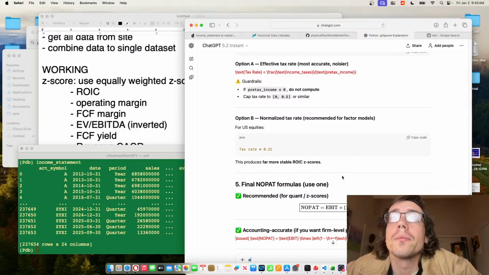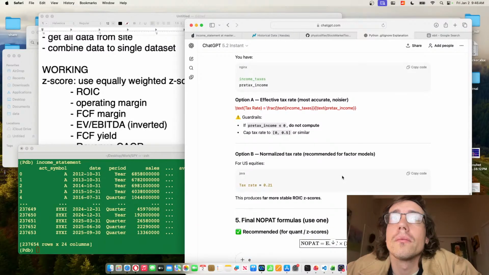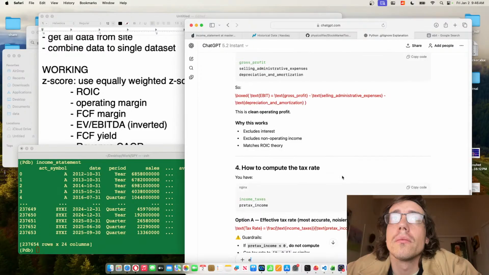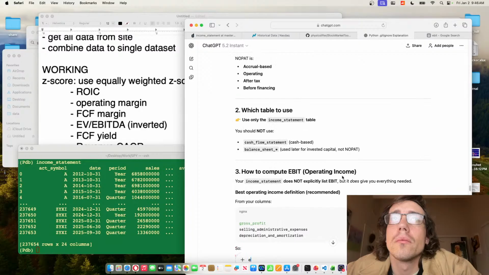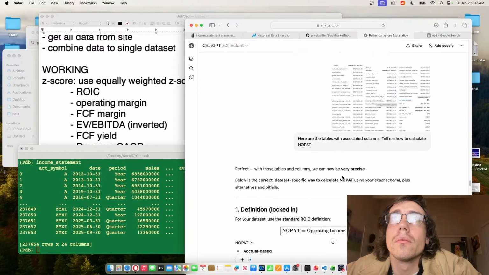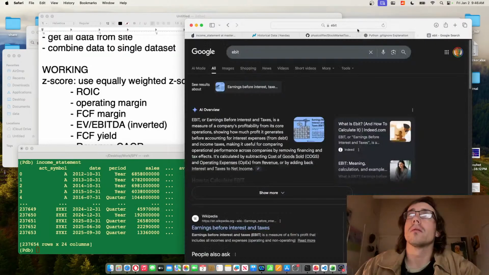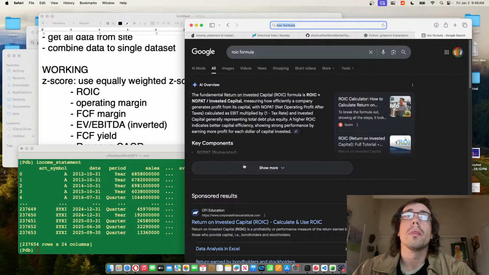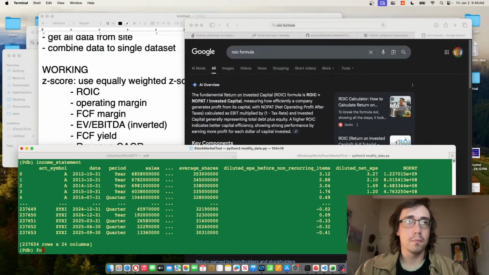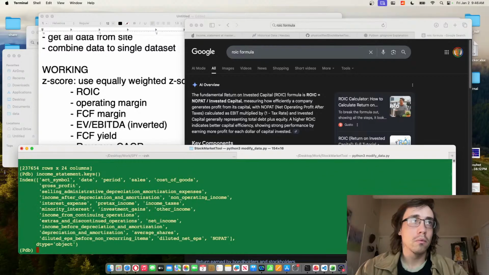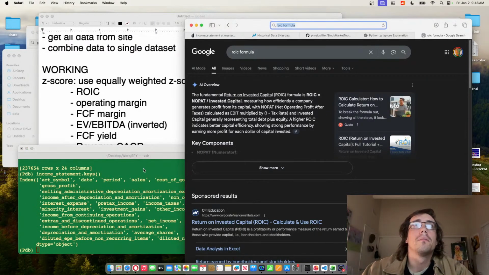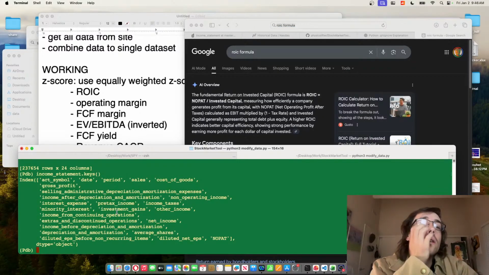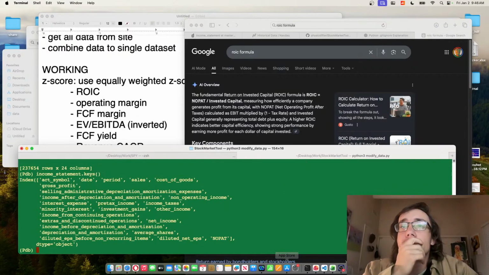ROIC by invested capital. This is the income statement, so that's not going to have it.